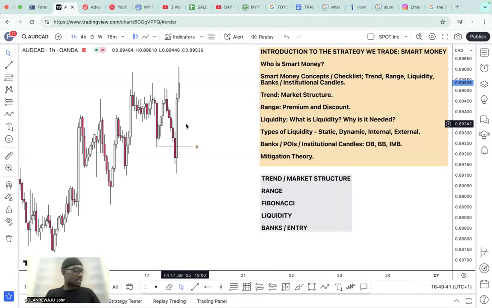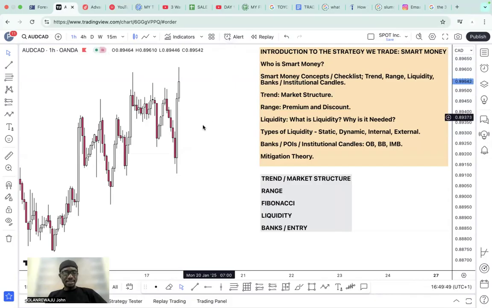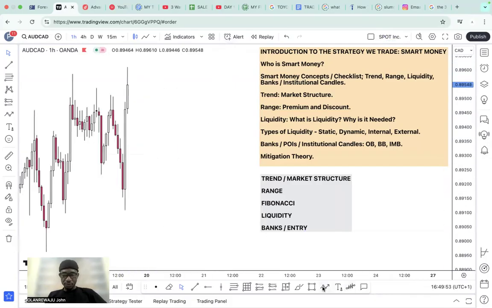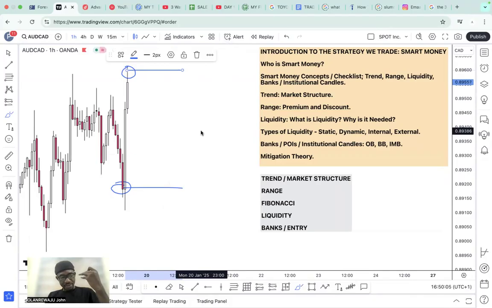So let me make it clearer for you. What I'm trying to say is, take a look at it. Let me explain it again so you can get it further, but with speed. I'm saying that if I want to buy this market, you can see that this market has moved from this region here to this region here. And the fact is, anybody who bought here and put his TP here has made profits, depending on your lot size and your account balance.